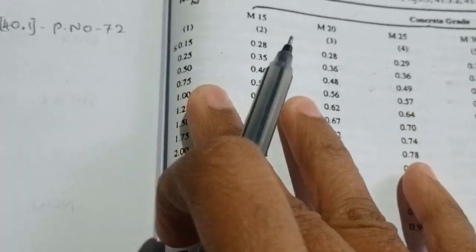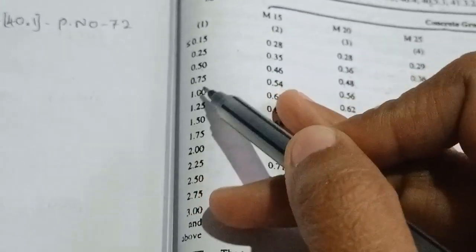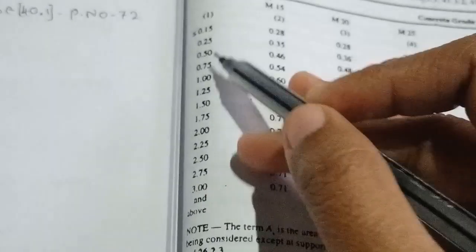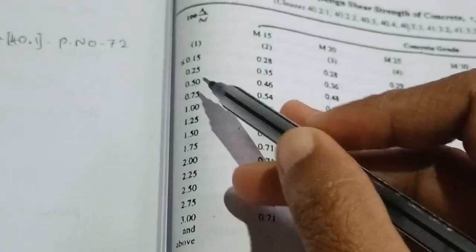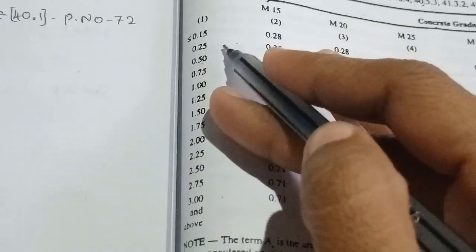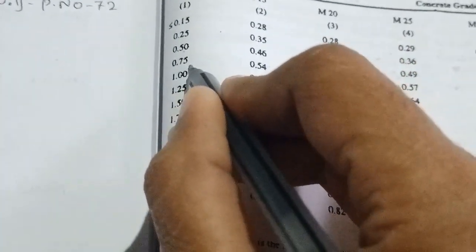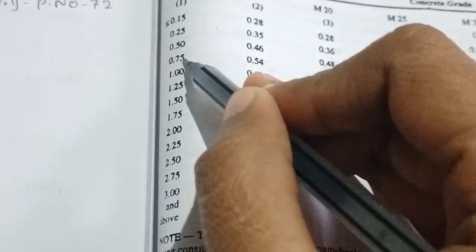By using these two, we will calculate the tau c. So our value is 0.7, but 0.7 is not there in this column. So we'll take the near values. Our value lies in between 0.50 and 0.75.